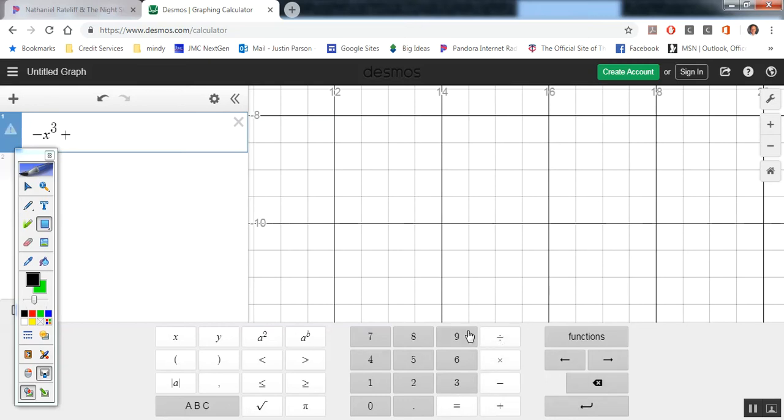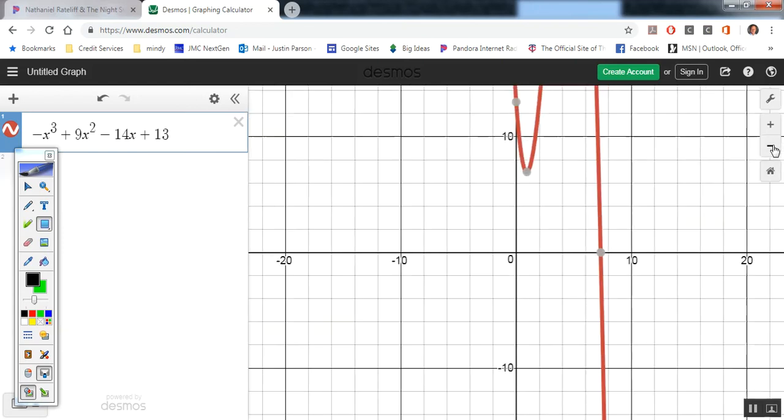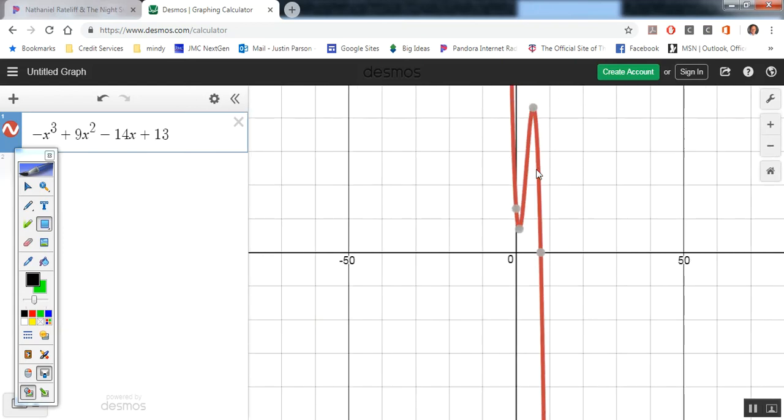Plus 9x squared. Cubic functions. We know things about cubic functions. We know enough to know that the domain of those is all real numbers.